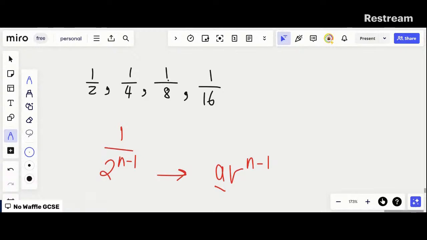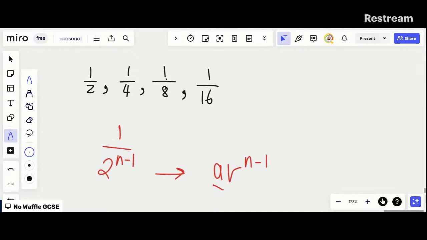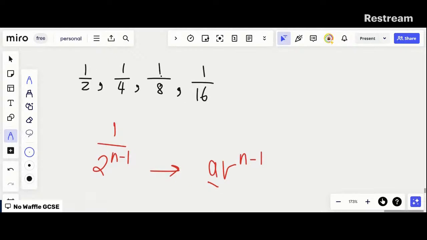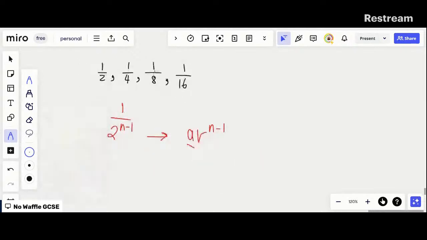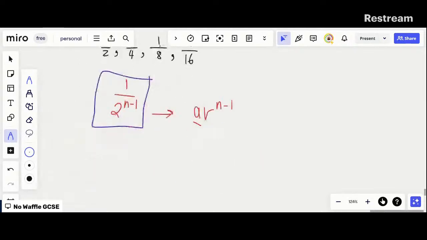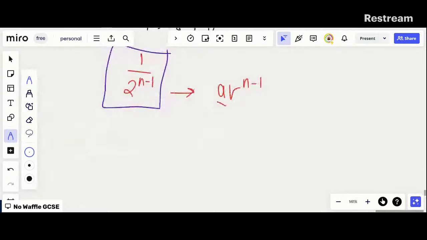I've skipped a few steps so we can go through it. Now, as n gets bigger and bigger, especially for fractions, so any sequence where you have fractions, you're going to have a limit. You always use an arrow to show tends. So as n tends to infinity, what happens to this?